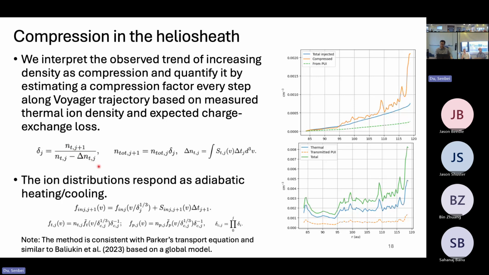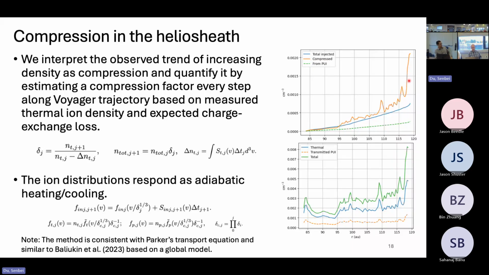If there were no compression, we would expect the density to go down because of charge exchange, and this loss is basically the injected pickup ion density. This compression factor will affect the ion distribution through an adiabatic heating or cooling process, similar to what you have in Parker's transport equation. By doing that with Voyager data, we can estimate the injected pickup ion density.